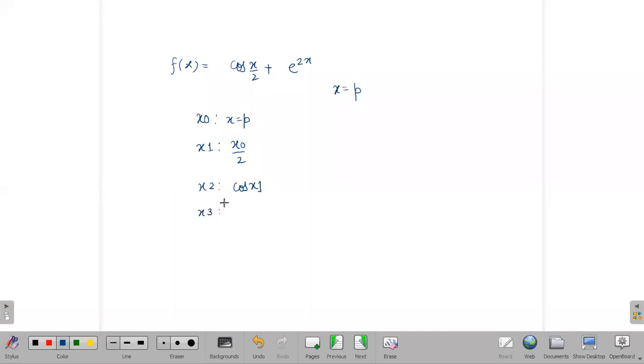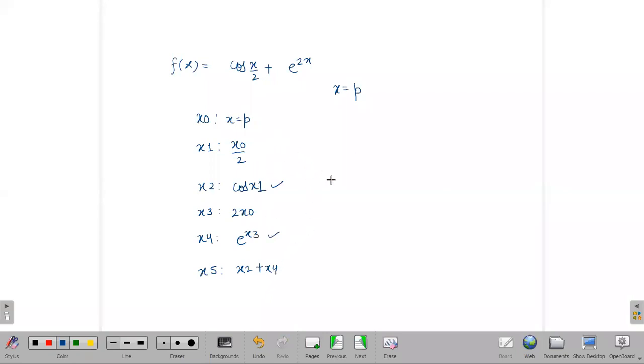Then in the next step, I will take 2x, so each and every step I have to write it, 2x naught. Then I will take x4, which gives you e raised to power x3. Then in the next step, I will take the sum of these two, x2 plus x4. So this way you will write the algorithm for any mathematical problem.